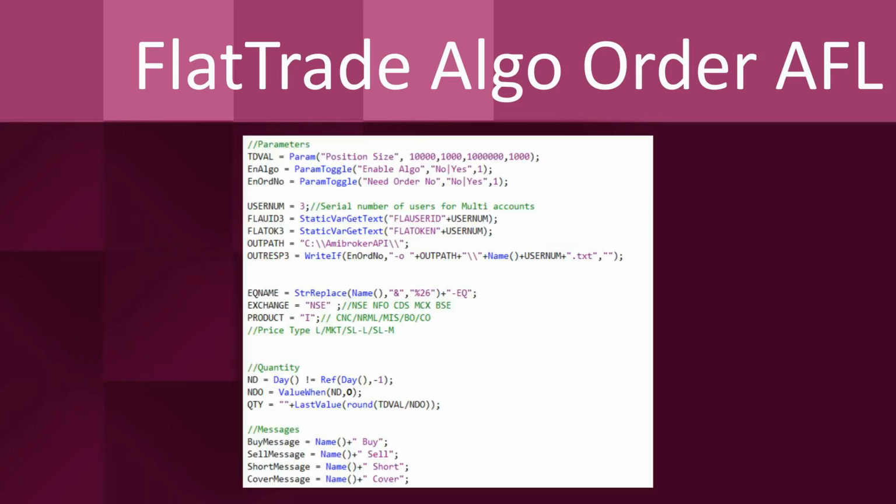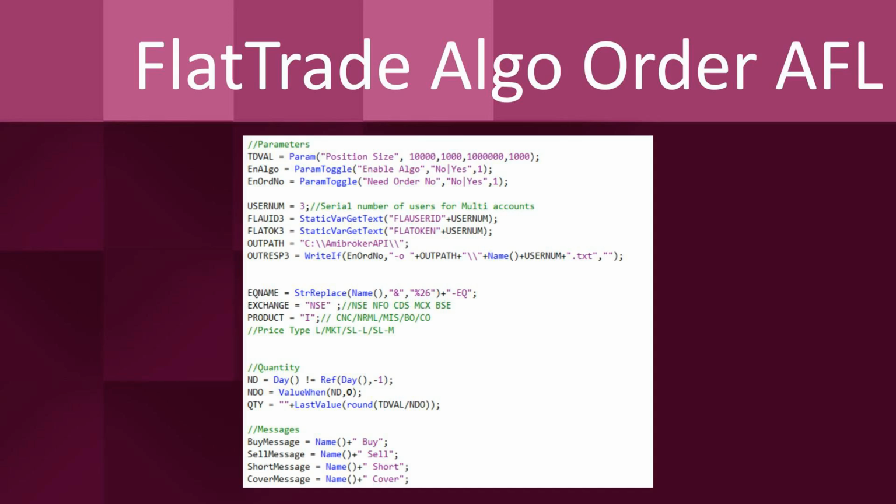This AFL automatically calculates the quantity based on the position size and the day's opening price and is coded for the equity segment. Enable the Need Order Number option if you want to modify or cancel orders. When enabled, it will save an order response file in the Amibroker API folder, which includes the order number needed for modifications.